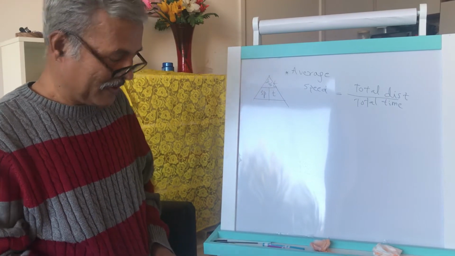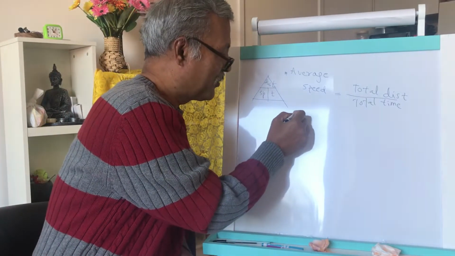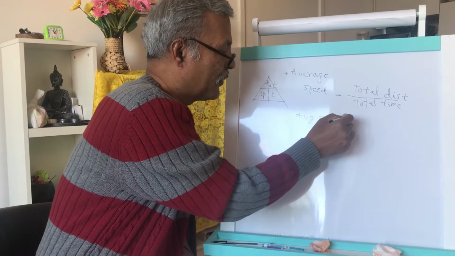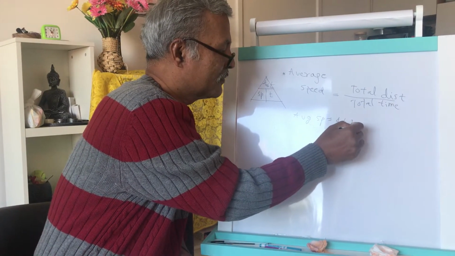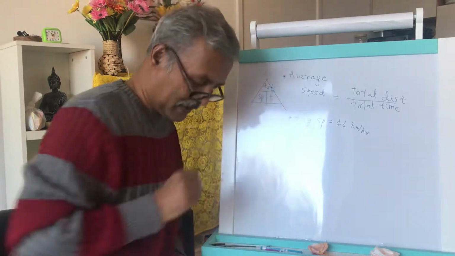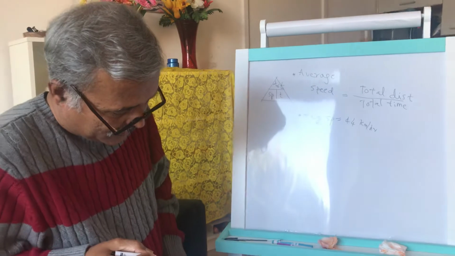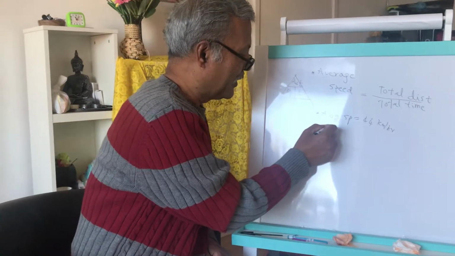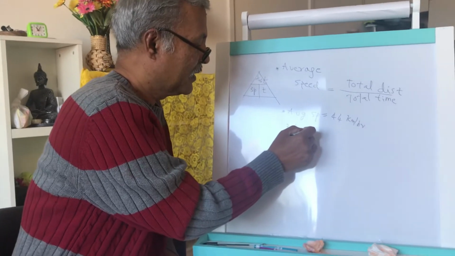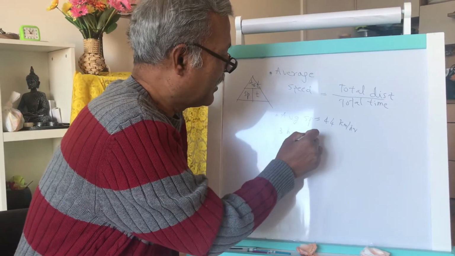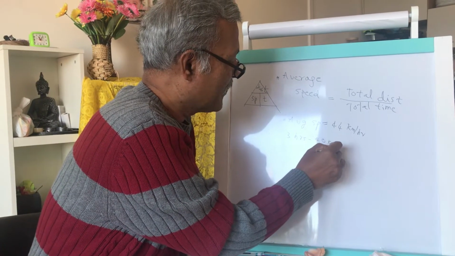Now, it is given that average speed is 44 km per hour. So this is given. And it's given that for the first 3 hours you traveled at a speed of 40 km per hour.